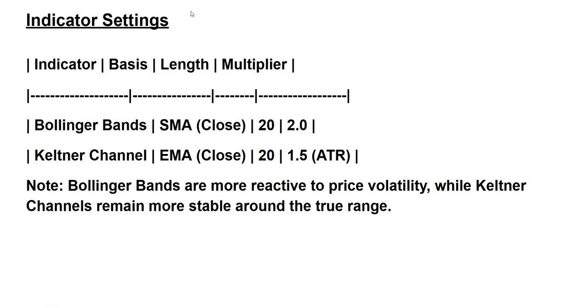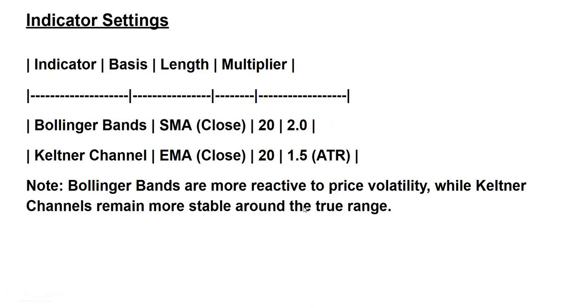Indicator settings are basis, length and multiplier. I have explained the same thing to you. Simple moving average 20, 2.0 for the Bollinger Bands, and Keltner channel 20 and 1.5 ATR.